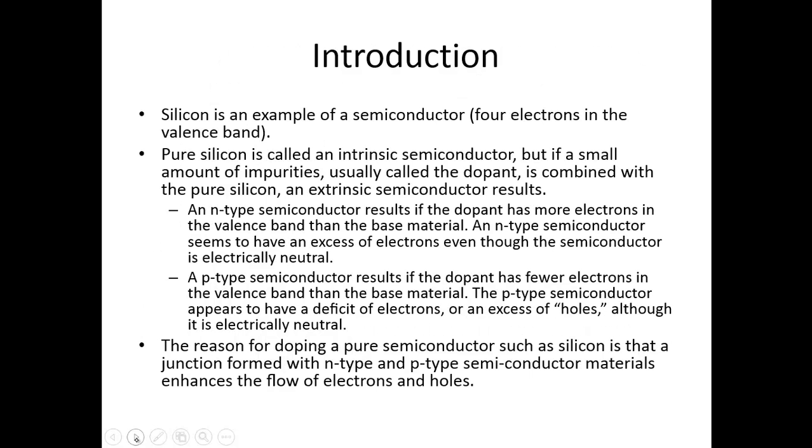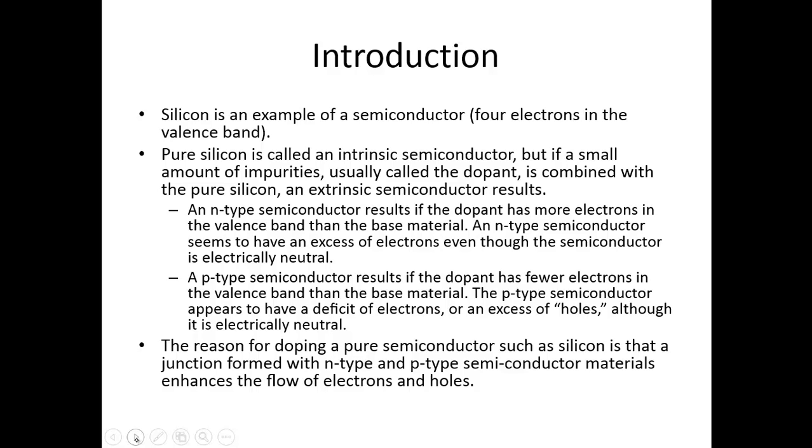Silicon is an example of a semiconductor, 4 electrons in the valence band. Pure silicon is called an intrinsic semiconductor, but if a small amount of impurities, usually called a dopant, is combined with the pure silicon, an extrinsic semiconductor results. So you have 2 types. You have an N-type semiconductor, which results if the dopant has more electrons in a valence band than the base material. An N-type semiconductor seems to have an excess of electrons, even though the semiconductor is electrically neutral.